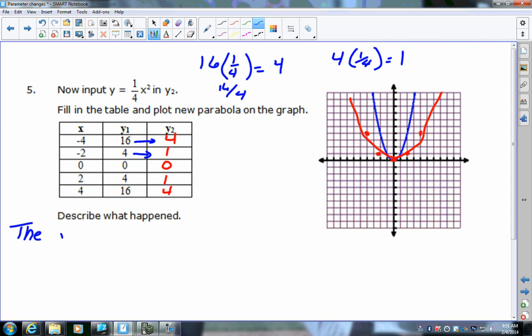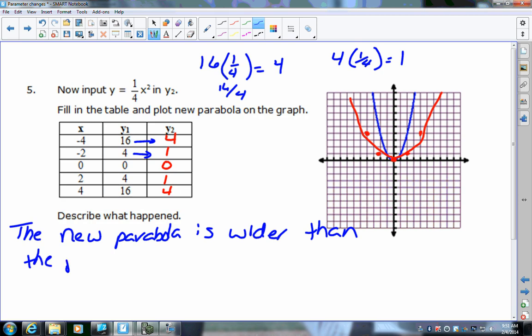The new parabola is wider than the parent function. Guys, this is called a vertical compression.